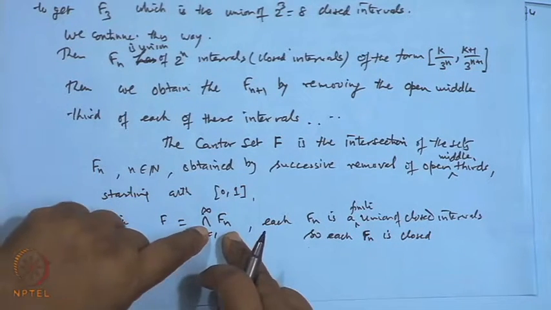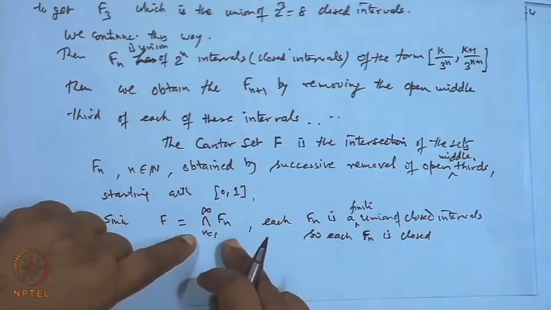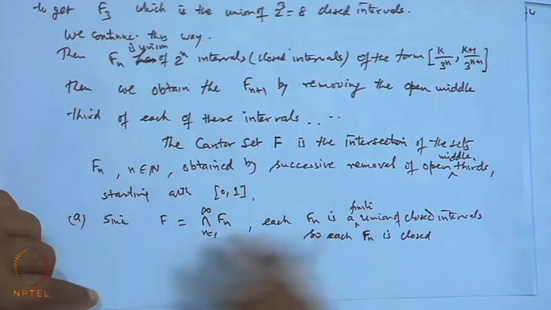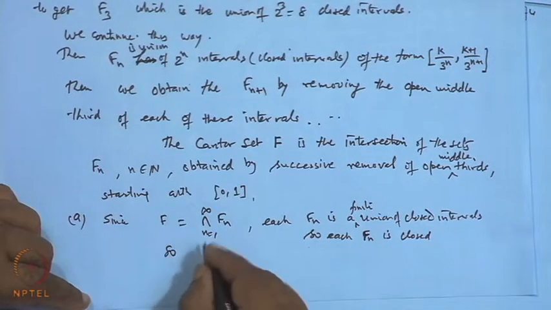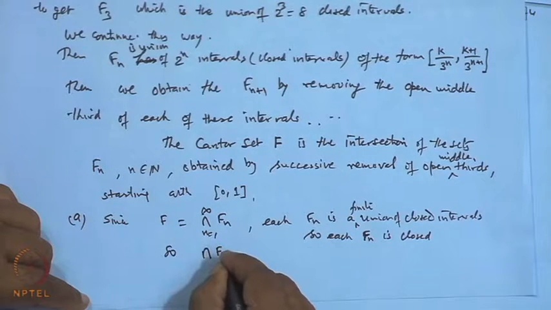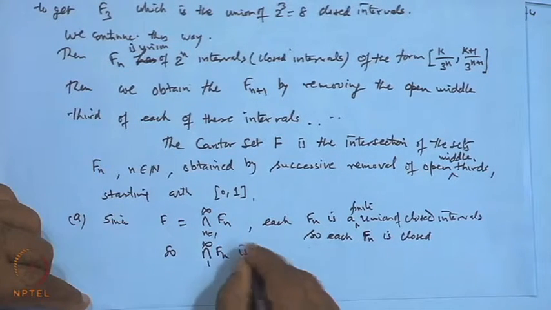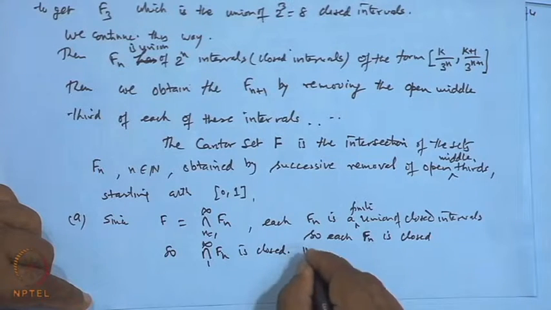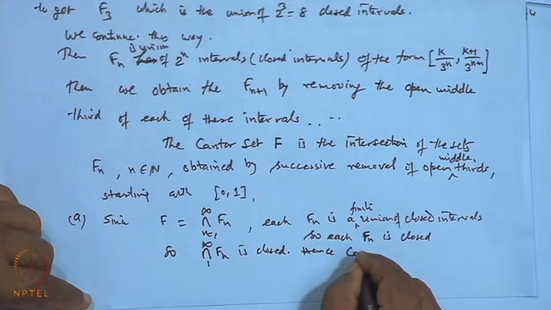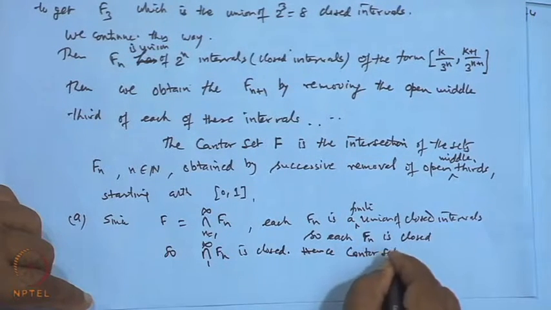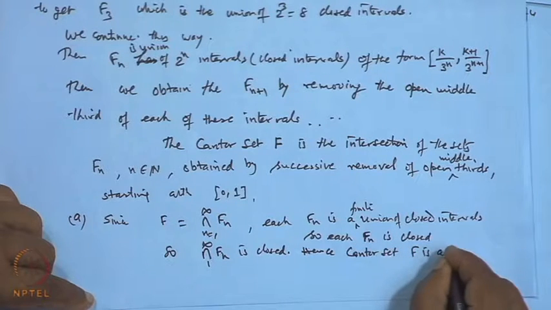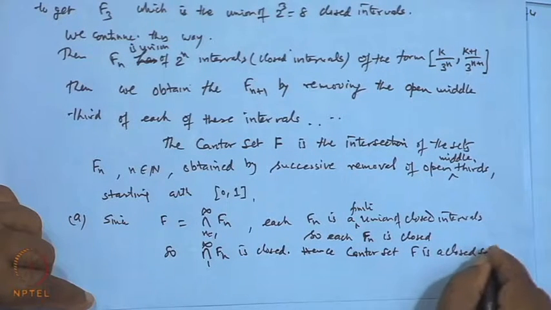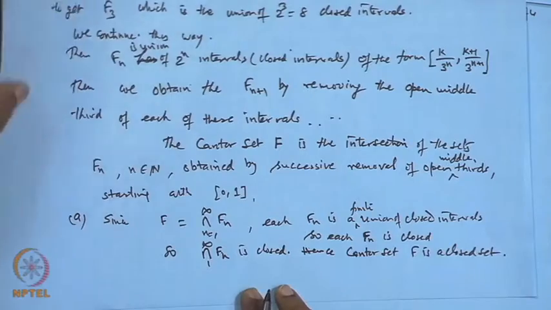And when you take the countable intersection of closed sets, then it is closed. So, the countable intersection of F n, 1 to infinity, is closed. Hence, the Cantor set F is a closed set. So, this is the first we wanted to prove.